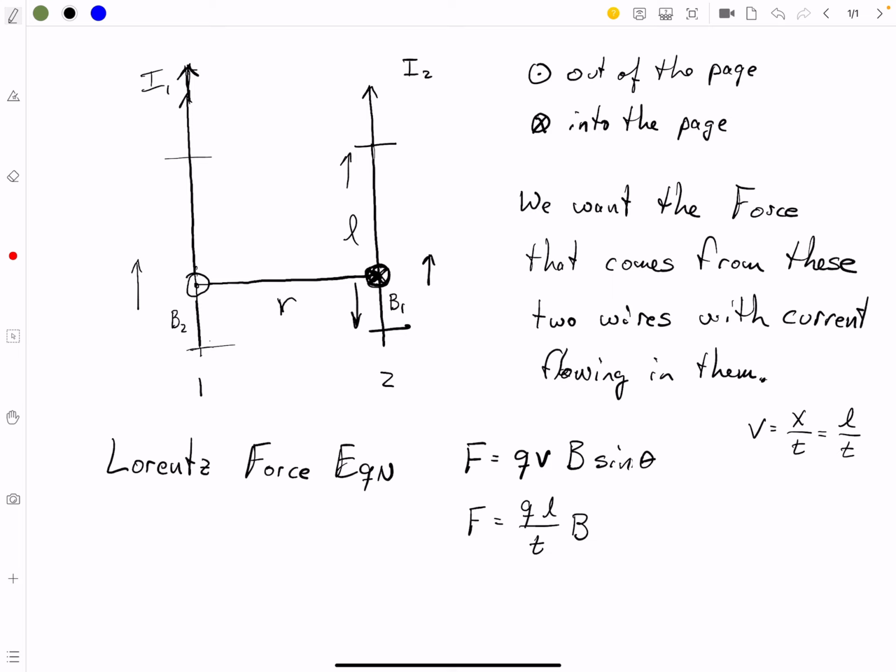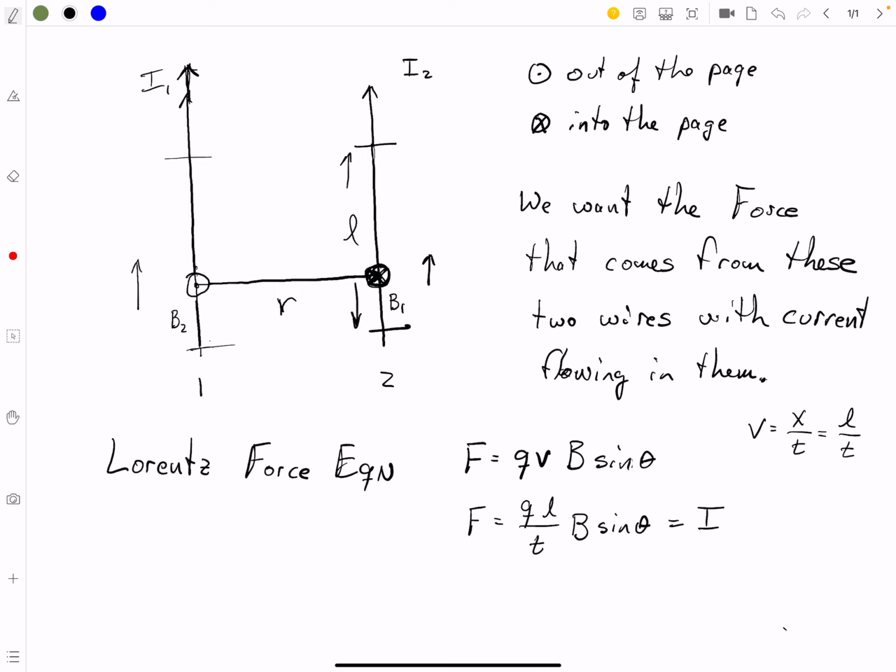Okay, V equals length divided by time. And there's our B sine theta. And instead of having length divided by time, if we put the charge divided by time, then we end up with the current.